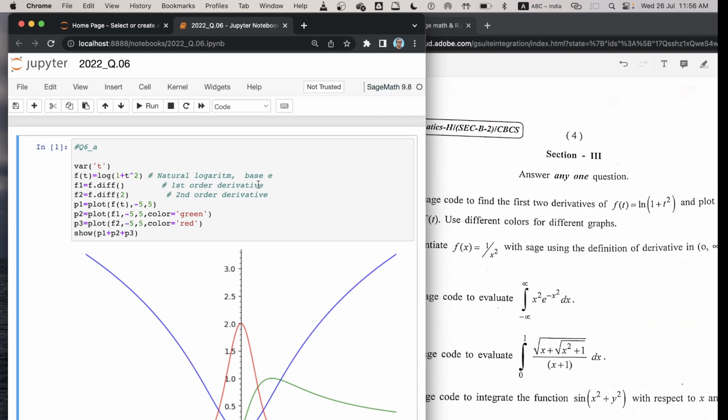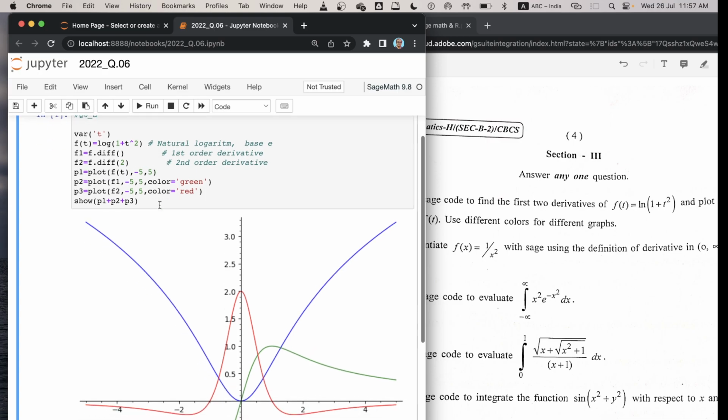This is the natural logarithm to the base e here, and f1 is the first derivative of f, f dot diff, first derivative. f2 equal to f dot diff 2, actually the second order derivative of the function f. p1 is the plot of f(t) within the range minus 5 to 5, and p2 is the plot of f1, the first derivative, and color is green, and p3 is the plot of f2, the second order derivative, and color is red.